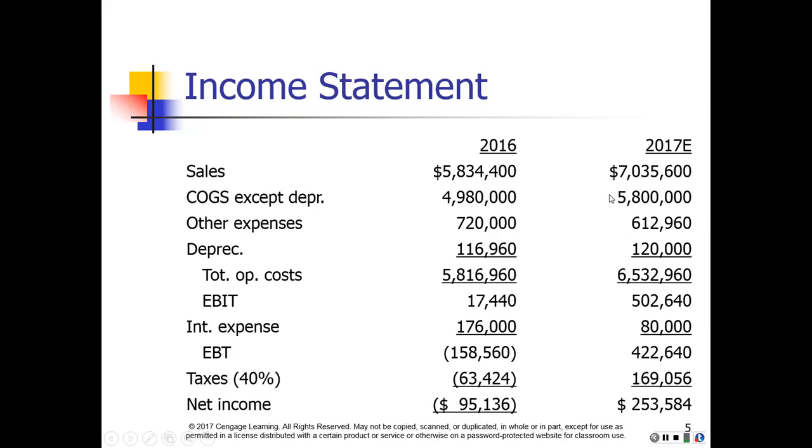Of course, we're looking at income statements, so we're talking about sales that will be made throughout the year of 2017, not just a one-day sale. Remember, that's the difference between income statement and balance sheet. In the balance sheet, we have values that have been accumulated over time since the inception of the company.